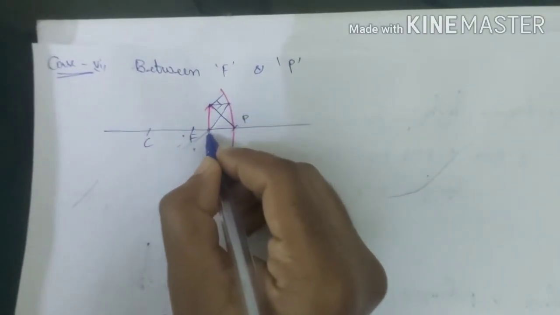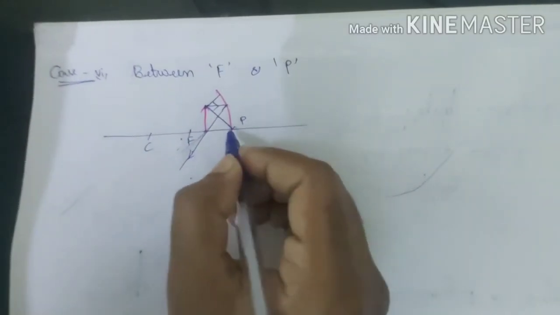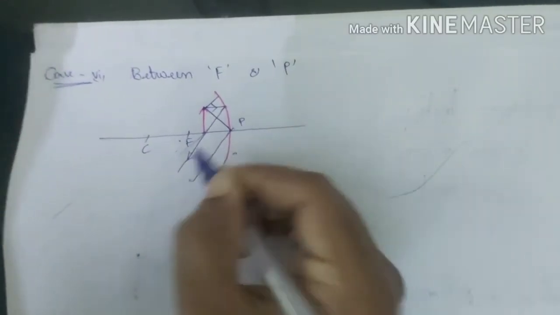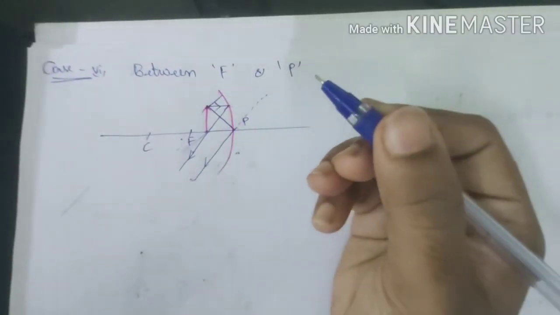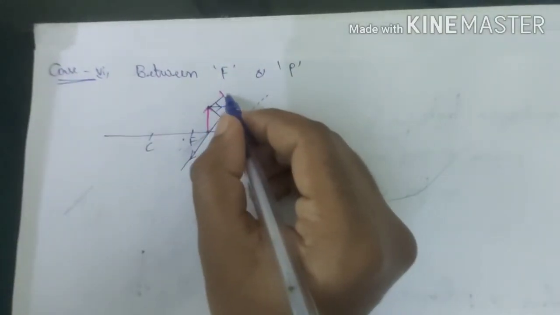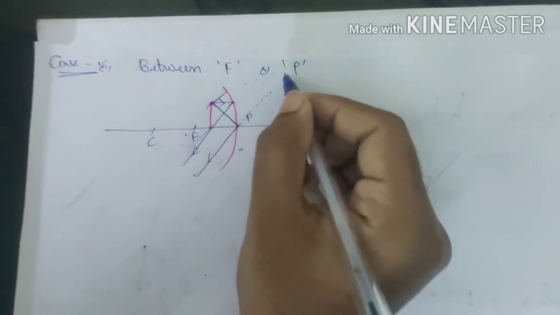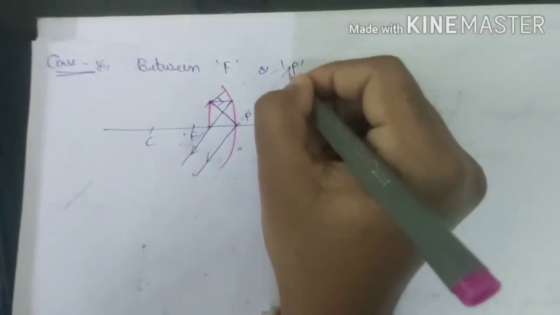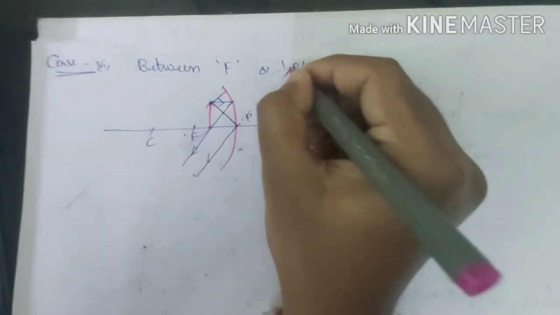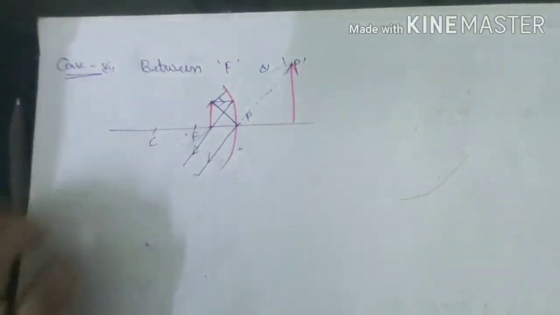Now see this case. This light ray will get reflected like this, whereas here it will be reflected by this. But it appears to be coming from a point over here, right? And this will be meeting at some other point at the top, which means the image is formed behind the mirror.